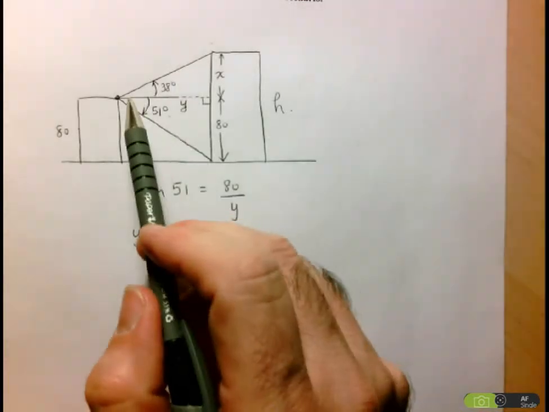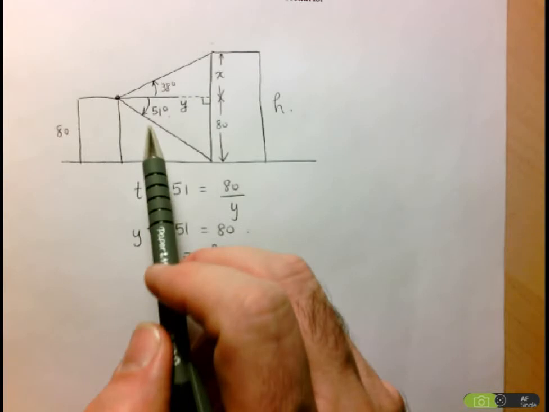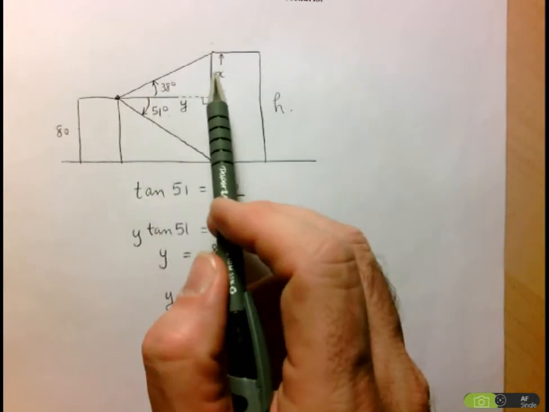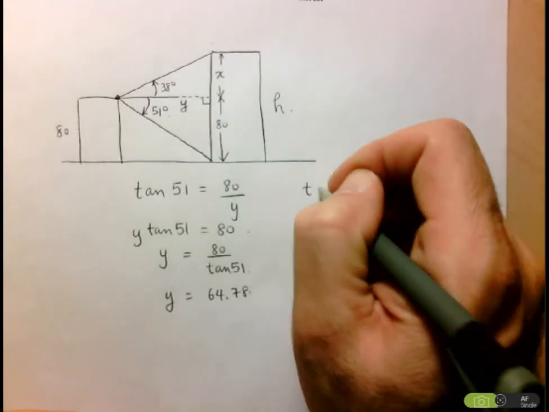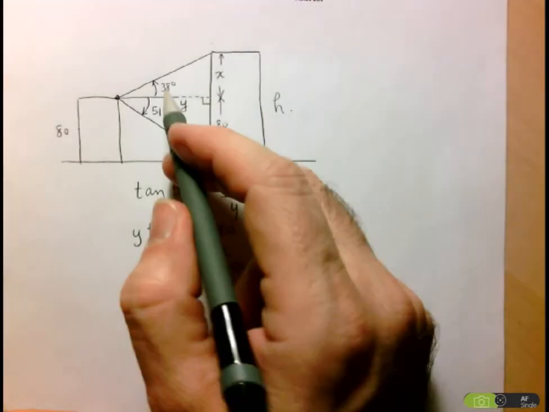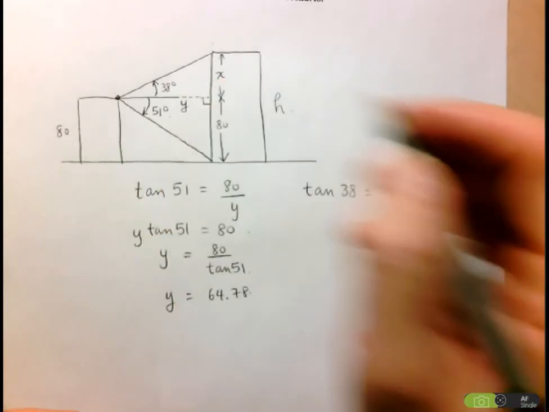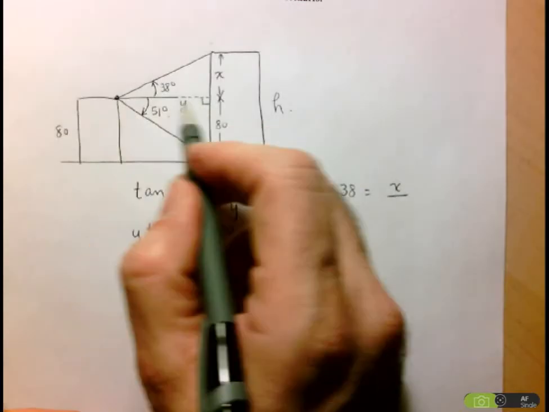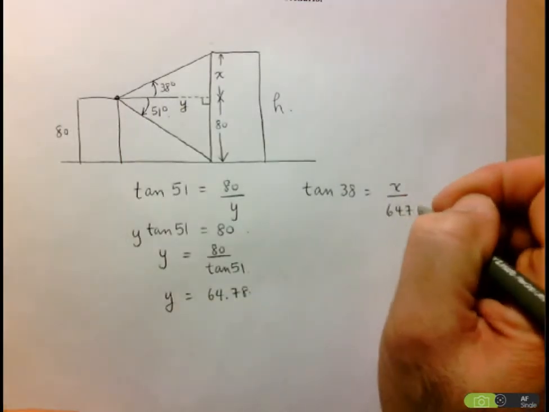So now I have more information on this upper triangle. I know this adjacent side to 38, so now I can determine the opposite side. Since I have adjacent and I'm looking for opposite, I can again use tangent. So tangent of 38 is equal to the opposite side, which is x, over the adjacent side, which is the one I just found, 64.78.